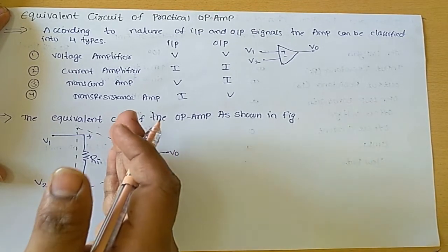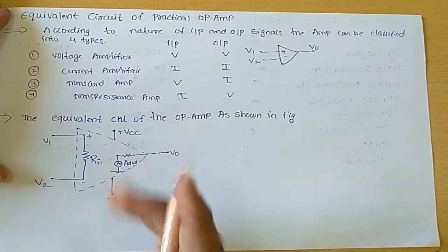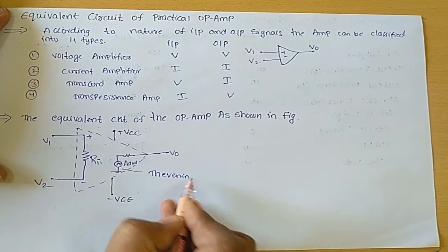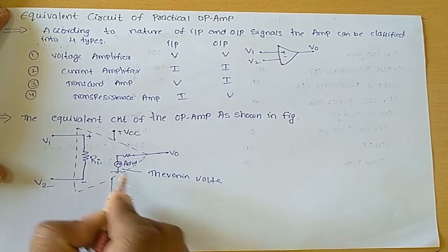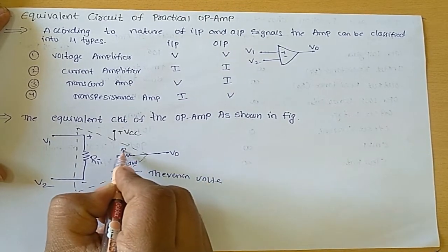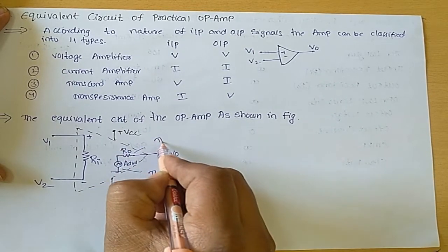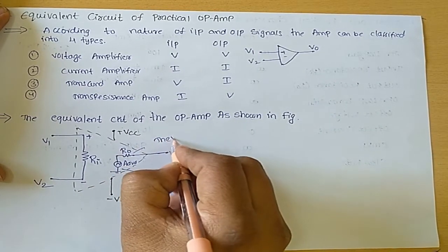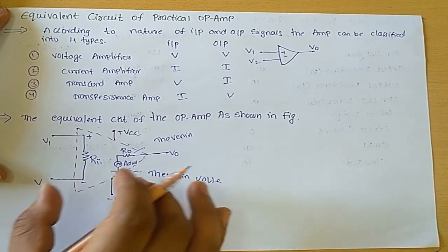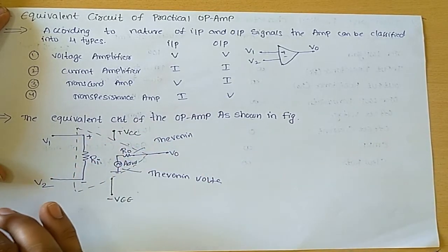The output circuit is converted to a Thevenin voltage source in series with Thevenin's impedance, or Thevenin's resistance. In this way we draw the equivalent circuit of the operational amplifier.